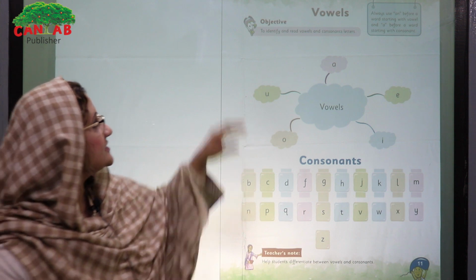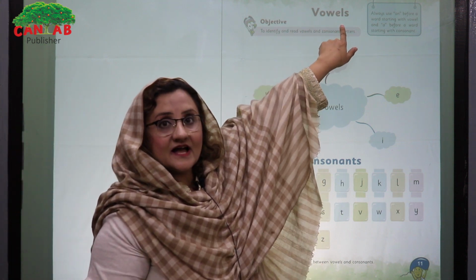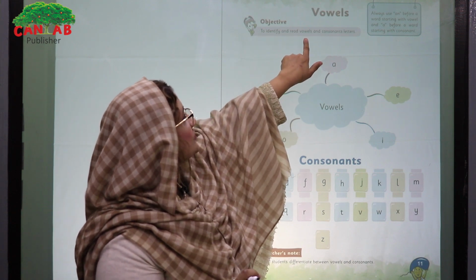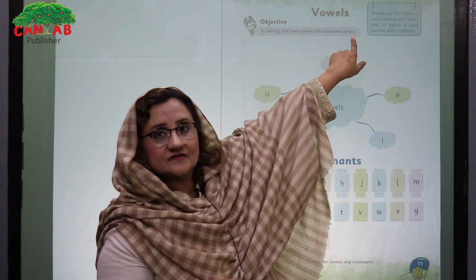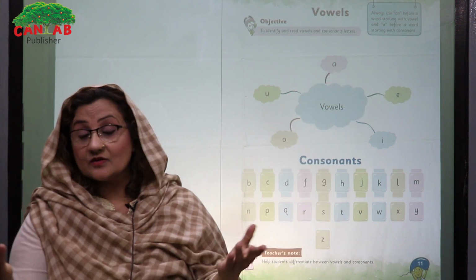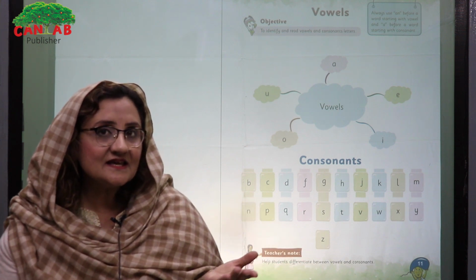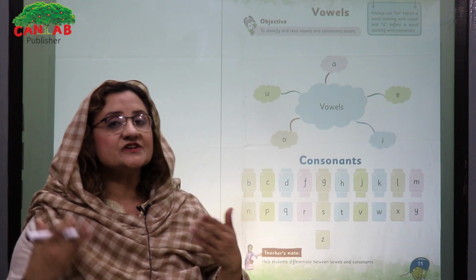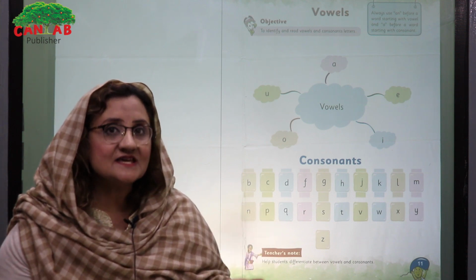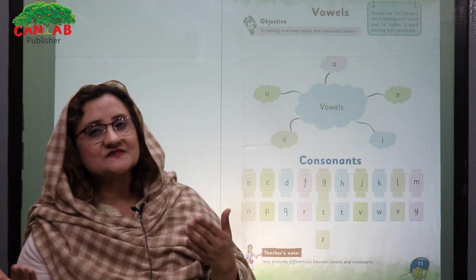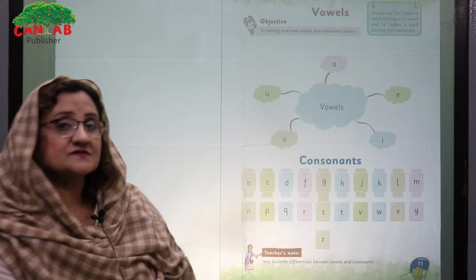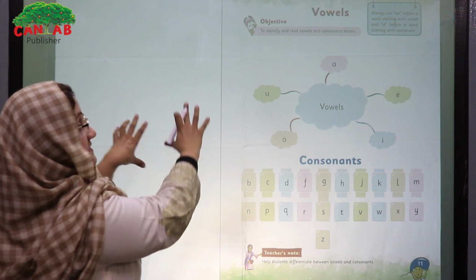Our today's topic is vowels, and the objective is to identify and read vowels and consonant letters. So what we can do, we can ask the students to sing the alphabet song: A, B, C, D, E, F, G, H, I, J, K, L, M, N, O, P, Q, R, S, T, U, V, W, X, Y, Z. And we can invite the students to come and write down letters here.